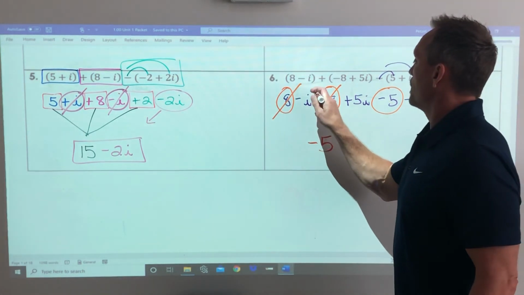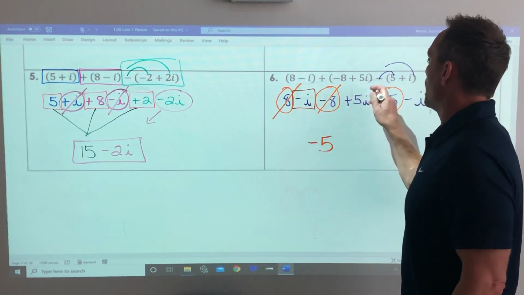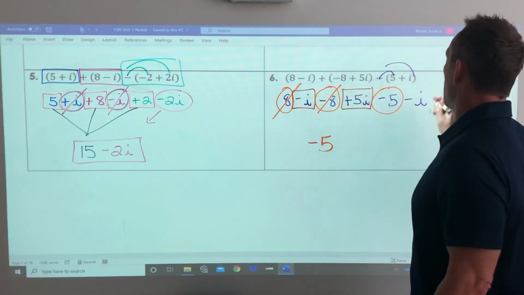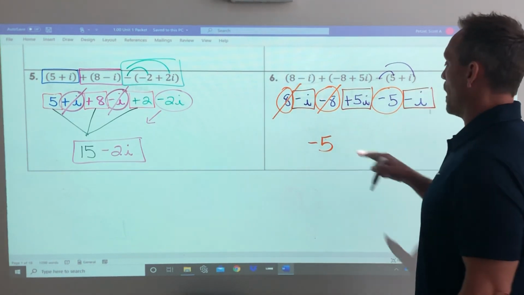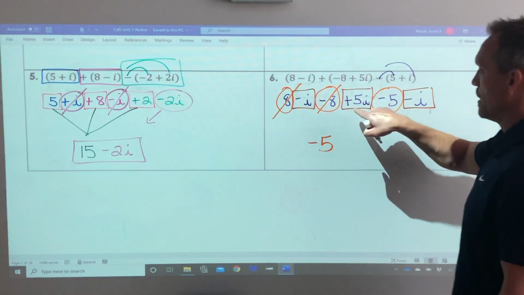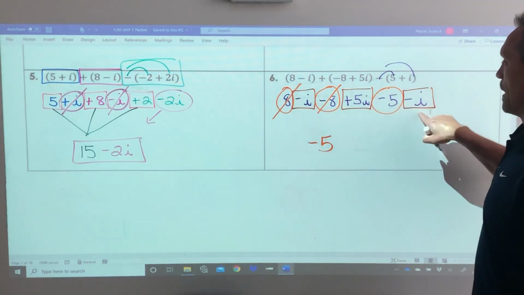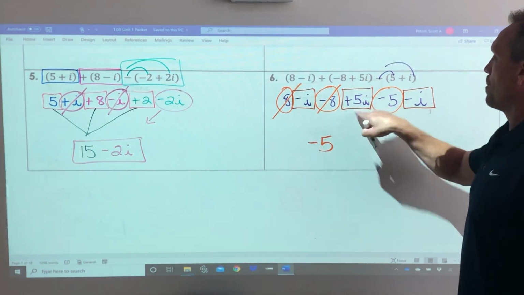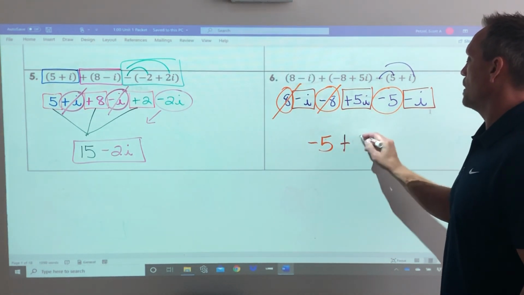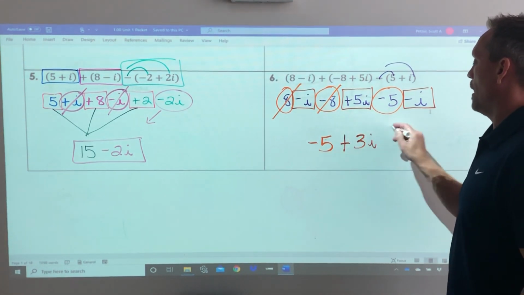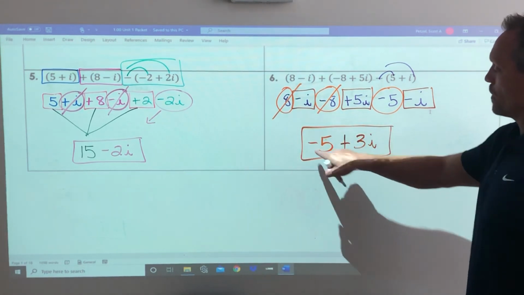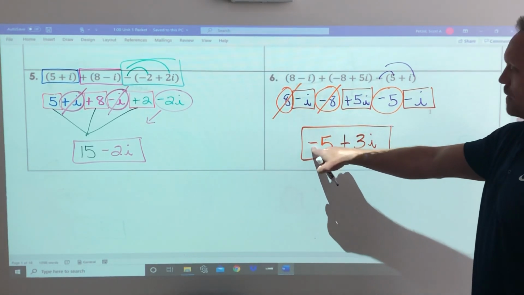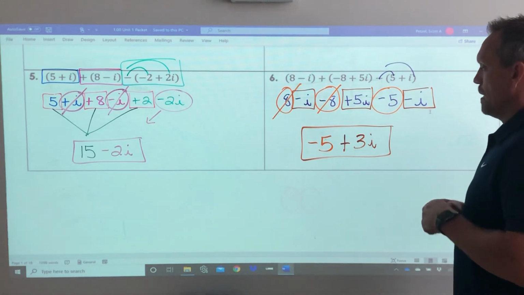I have negative i, positive 5i, negative i. That's like saying negative 1 plus 5 minus 1. So I got negative 2 plus 5 is positive 3i. And it is okay to have a negative out front. Not a problem with that.